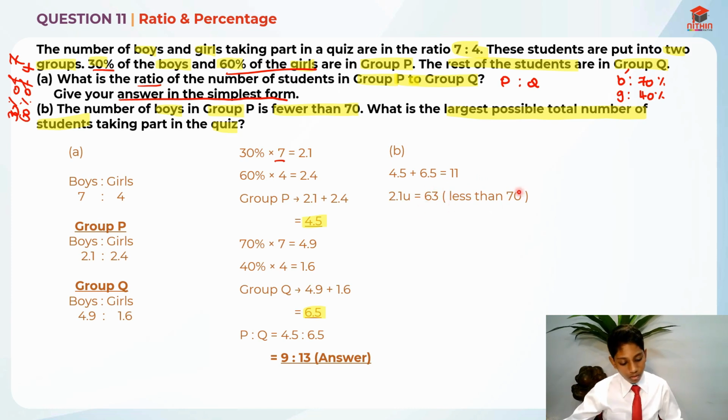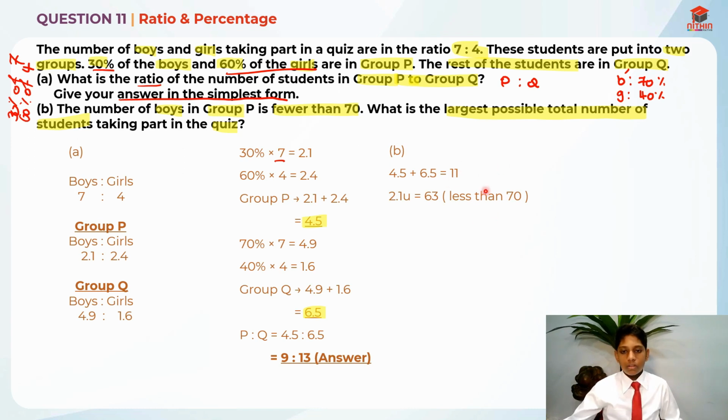Okay? And another reason why we can't put 70 is because you might think, right, 70, then when we divide by 2.1, it will not give us a correct answer, which we can't actually use because it's not the highest possible, because it will go over 70 when we use it.